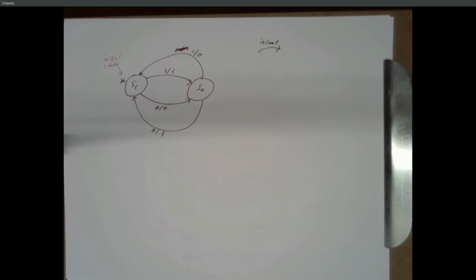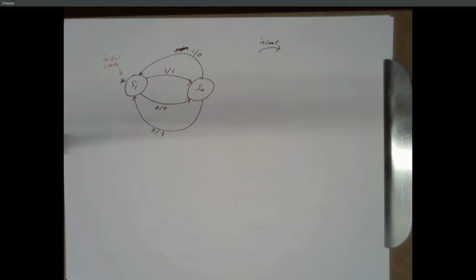When it goes from S1 to S0, it just outputs the input, and when it goes from S0 to S1, it's an inverter. So when it's in S1 and it gets an input, it just copies that input directly to the output, and it goes to S0. When it's in S0 and it gets an input, it outputs the inverse of that bit value, and then it goes to S1. Also a key observation.